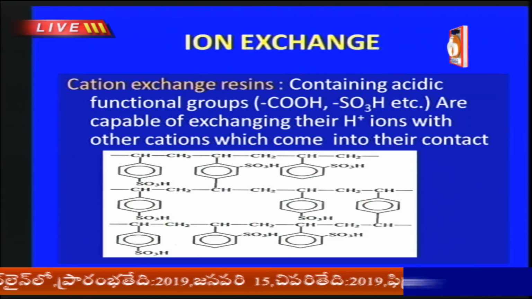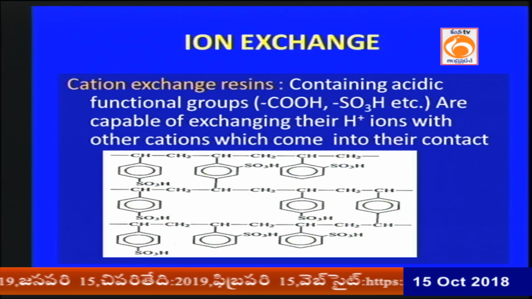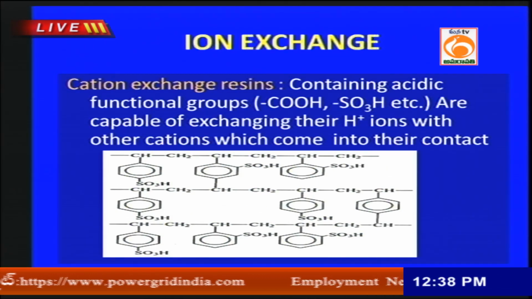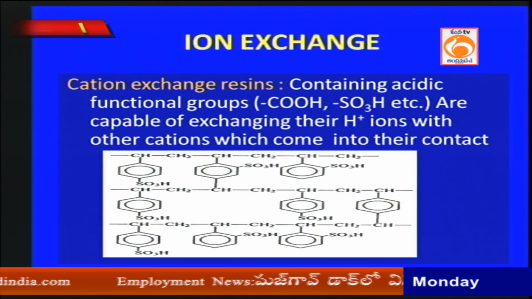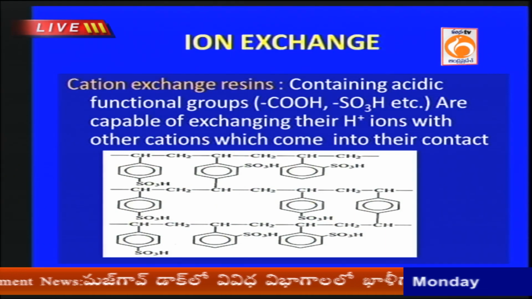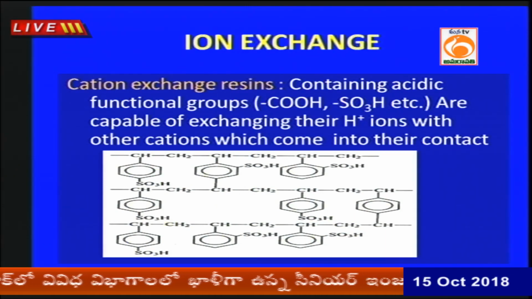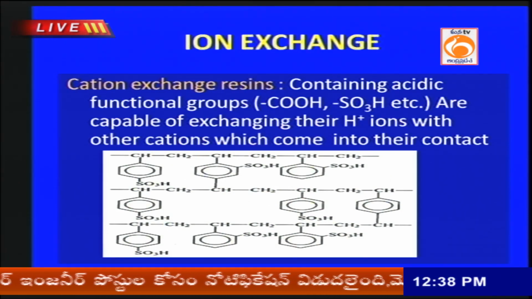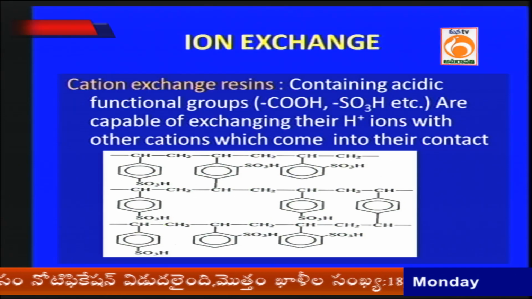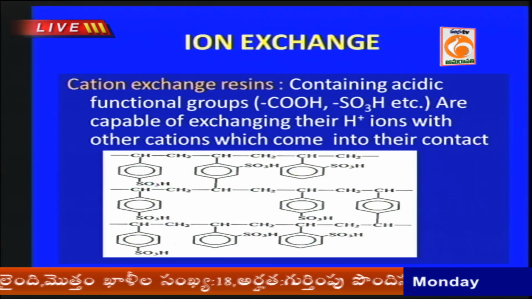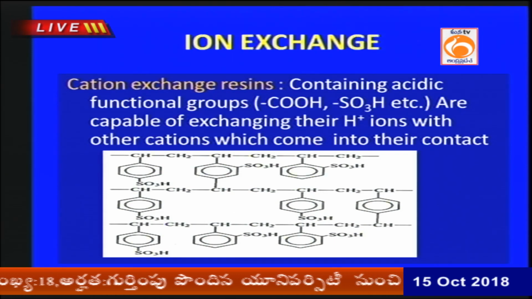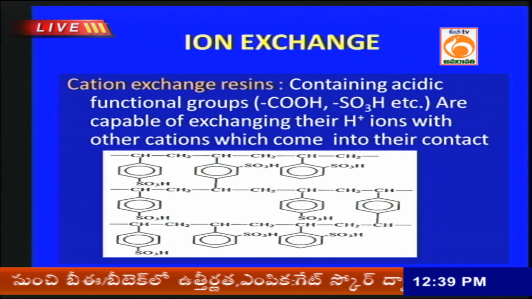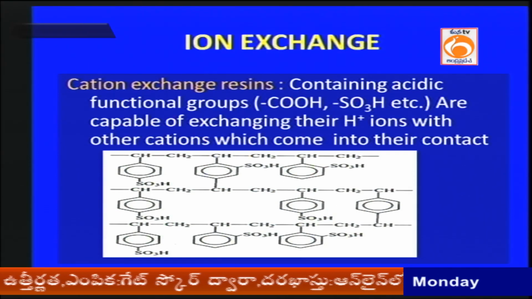The cation exchange resin contains groups like COOH and SO3H. See the example of cation exchange resins; here the SO3H group is there in the figure. H plus is released, and calcium and magnesium ions of the hard water are exchanged with those H plus ions in the pores. This is a cation exchange resin.